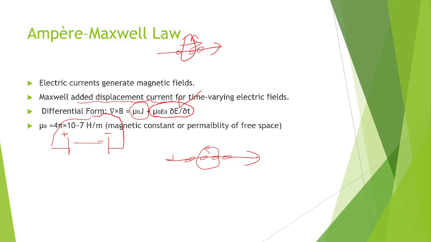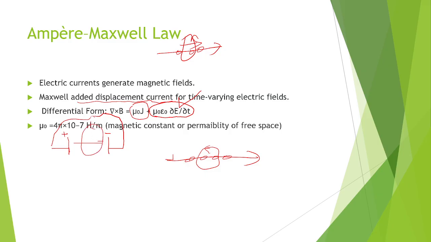Now there is no charge moving here, no charge moving over here, only the electric field is changing, and that electric field change is written in this term. So that electric field change also produces a magnetic field over here.